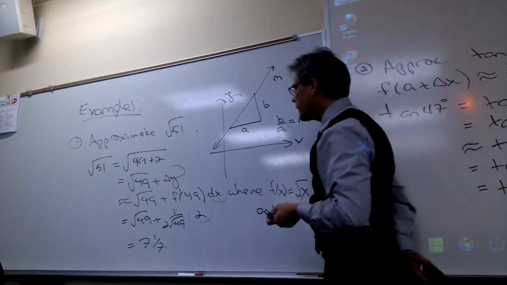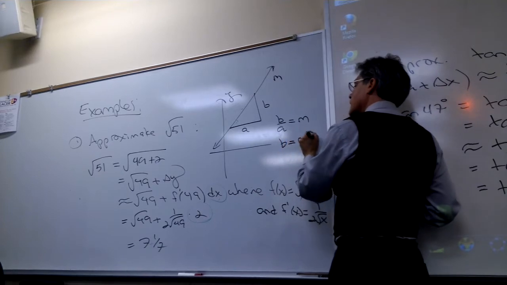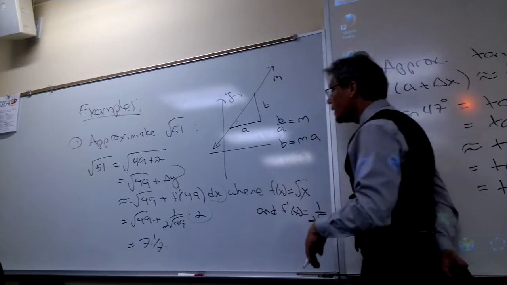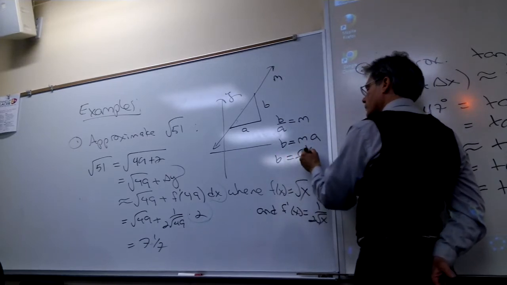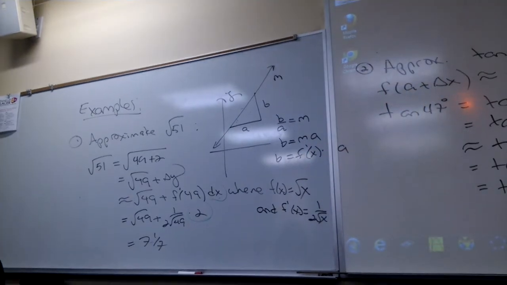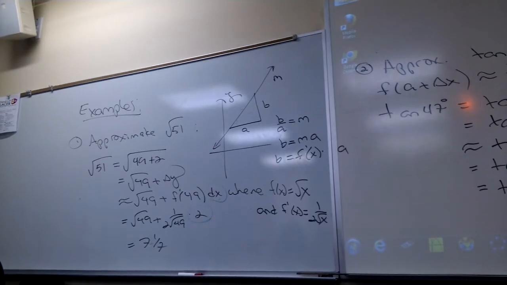If I multiply both sides by a, doesn't that tell me that my vertical deviation is just the slope times the horizontal deviation? It's just that when it comes to functions, not lines, I represent m as f prime. I've always just seen the slope as rise over run. But you're so sophisticated at this point, now it makes sense, doesn't it? You can easily see it.